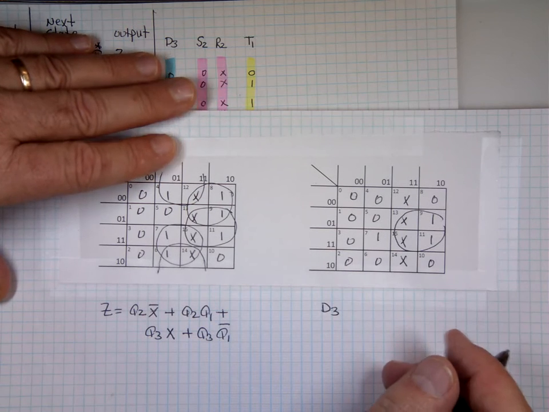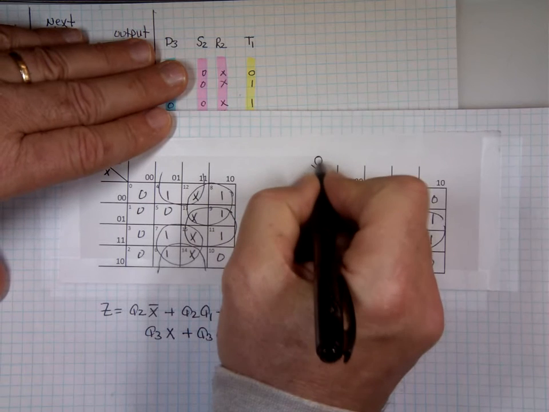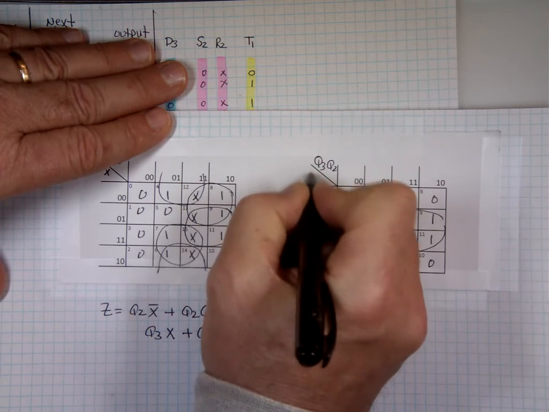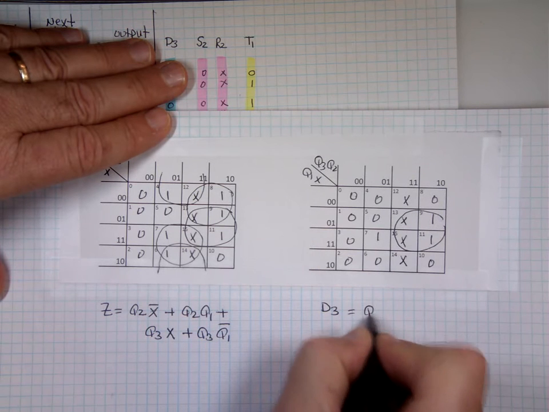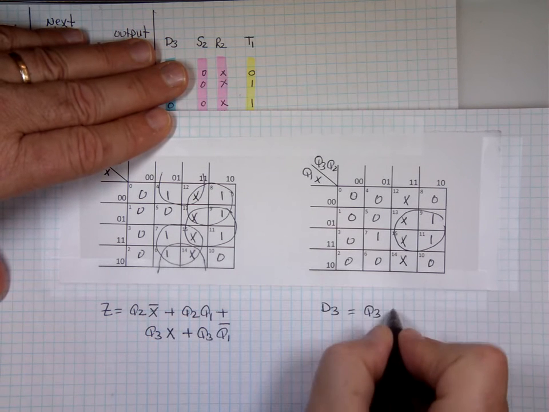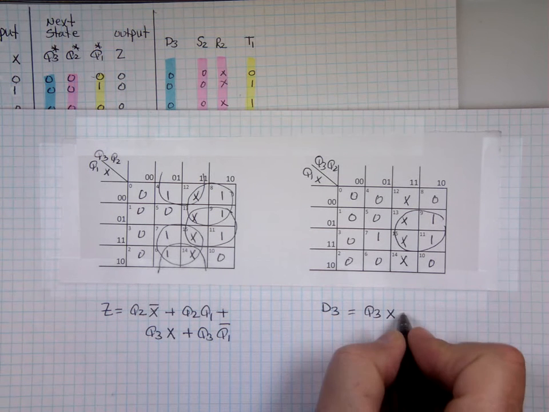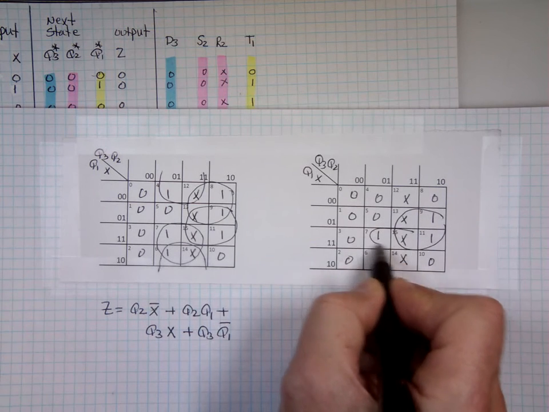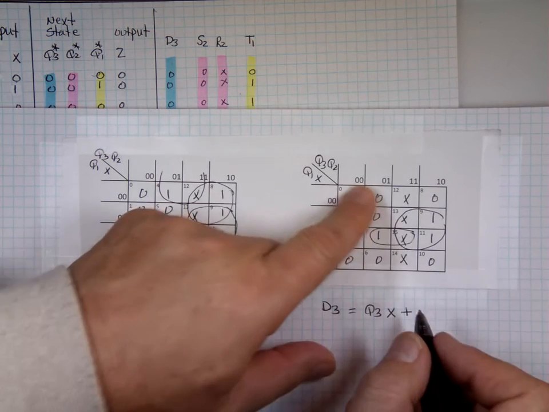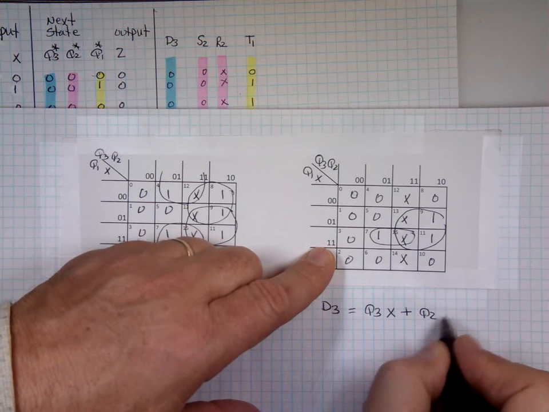And that will be what? Q3, Q2, Q1, and X. That's Q3, X. Well, I gotta take this one now. I can only take it with this one. Q2, Q1, X.